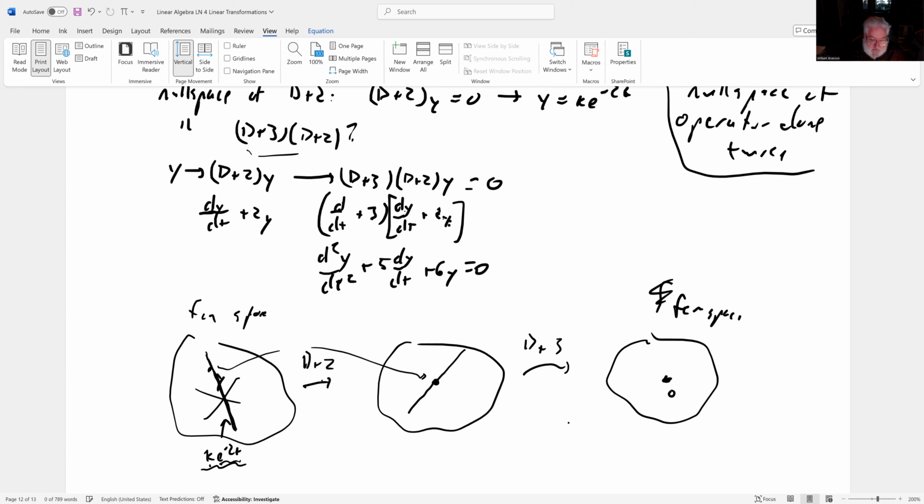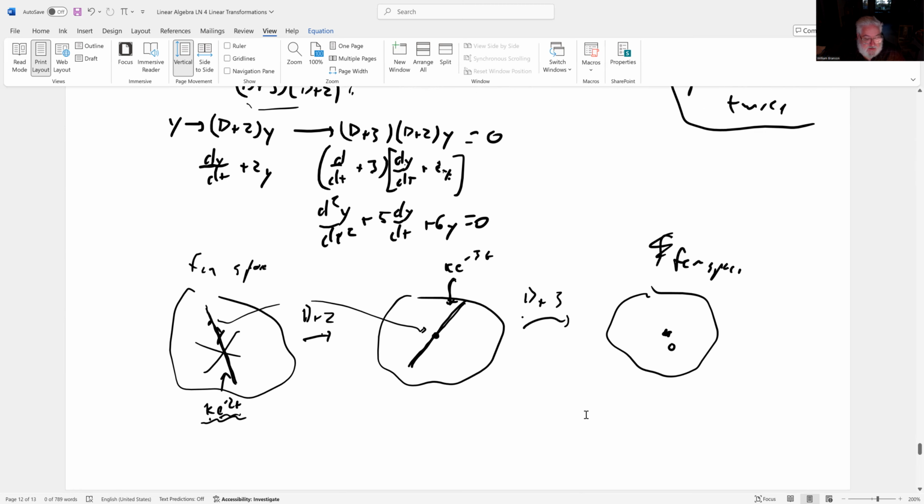But there's another null space going through there, which is k e to the minus 3t, the null space for d plus 3, and that gets mapped to 0. So what functions get mapped onto this? Well, we know that those are just going to be other functions in the form e to the minus 3t.